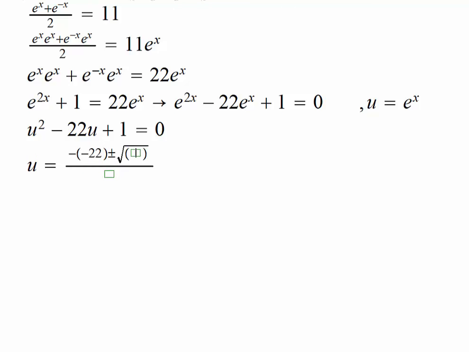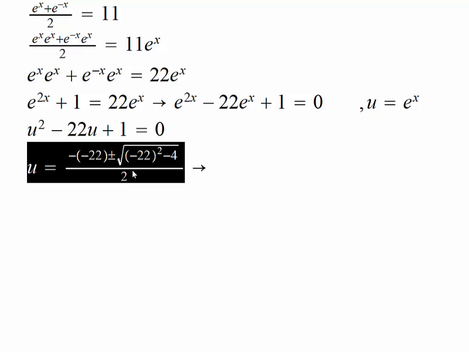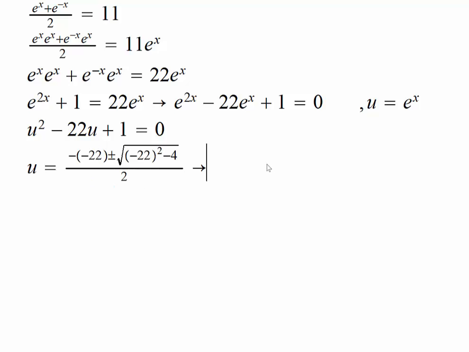So we have negative 22 squared, minus 4 times this coefficient, which is a 1, times this coefficient, which is again a 1. Let's save time and divide it by 2.